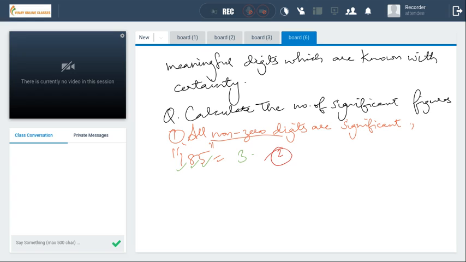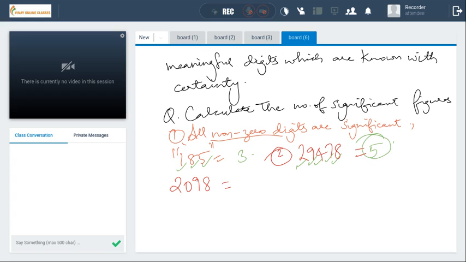Next, if I say 2, 9, 4, 7, 8, how many significant digits do I have? All are non-zero digits. So 1, 2, 3, 4, 5. 5 significant digits. Easy? Now, another example: 2, 0, 9, 8.